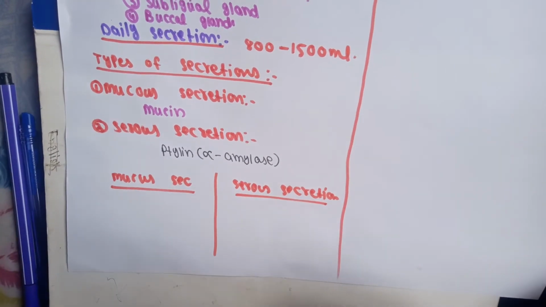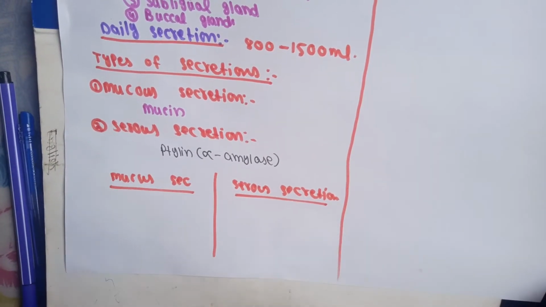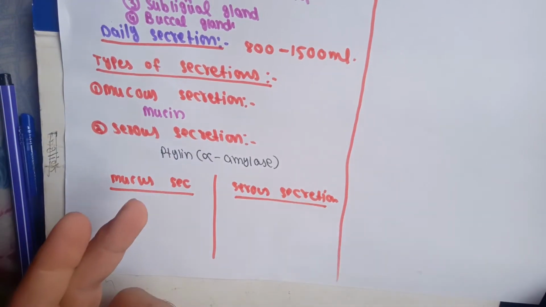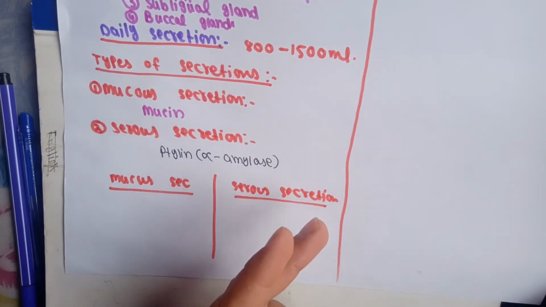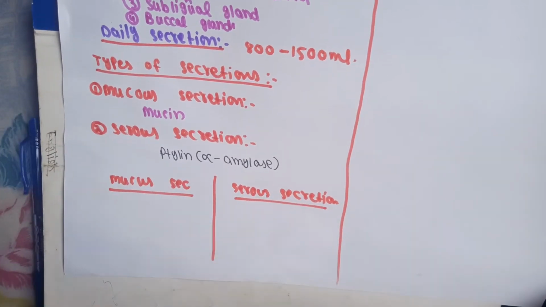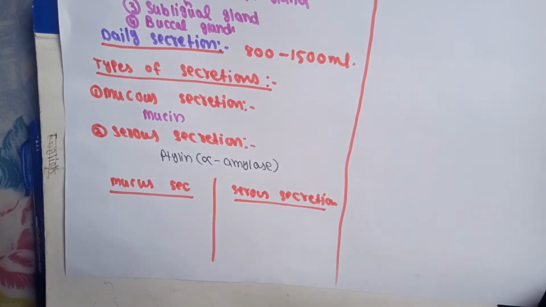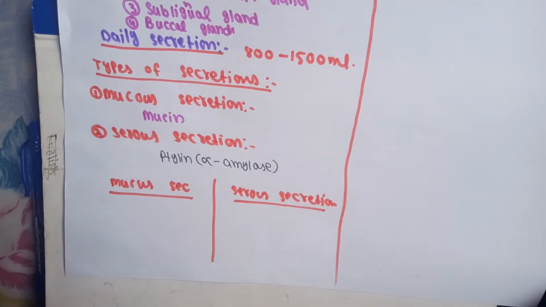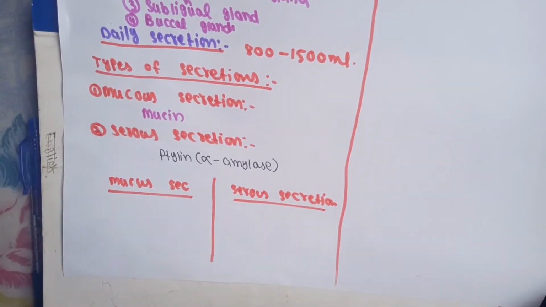The sublingual and submandibular glands are the 2 types of gland which secrete both mucus secretion and serous secretion. Another gland, the parotid gland, secretes only the serous type of secretion. Parotid gland has almost entirely serous secretion.